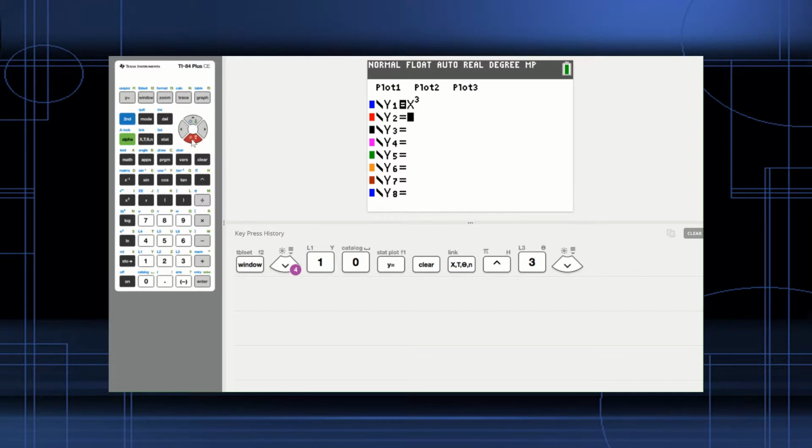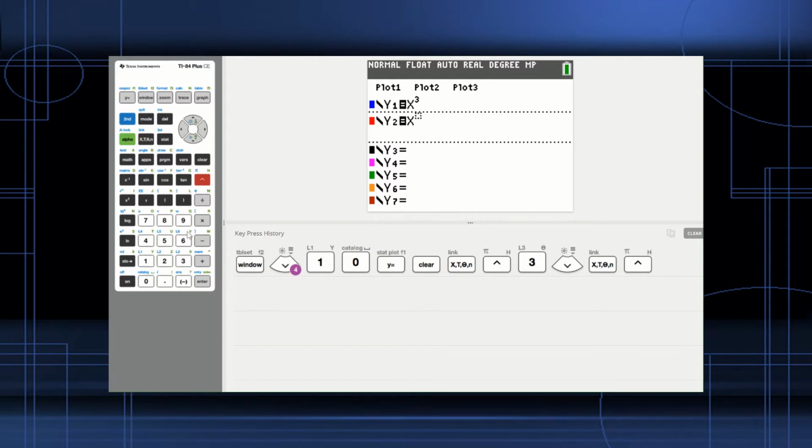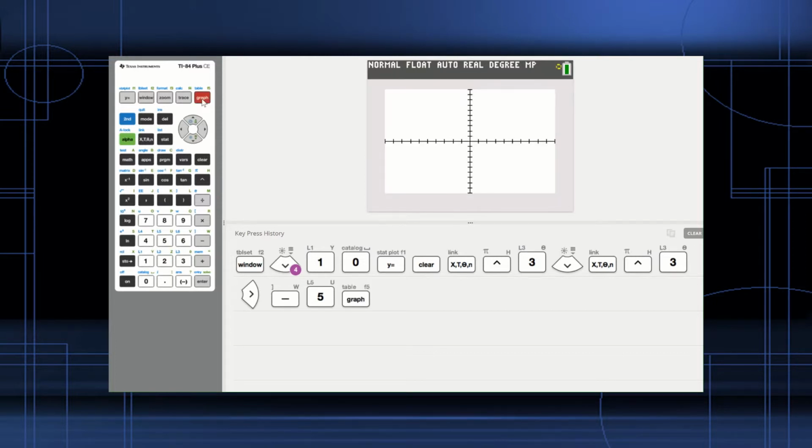And then in y2, I'm going to graph our first translation, which was x cubed minus 5. Let's see what our graph looks like. The transformation is going to be in red.